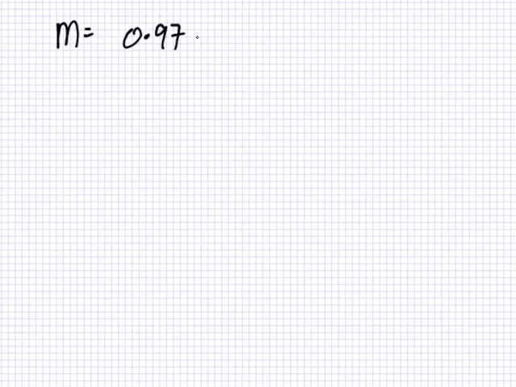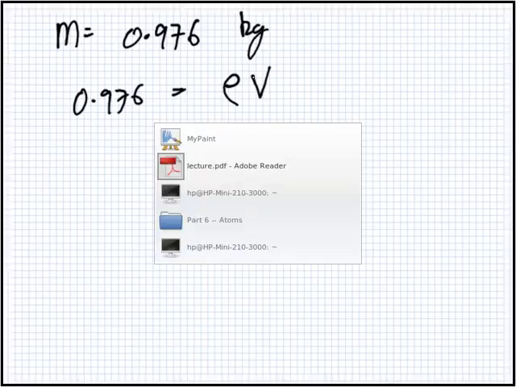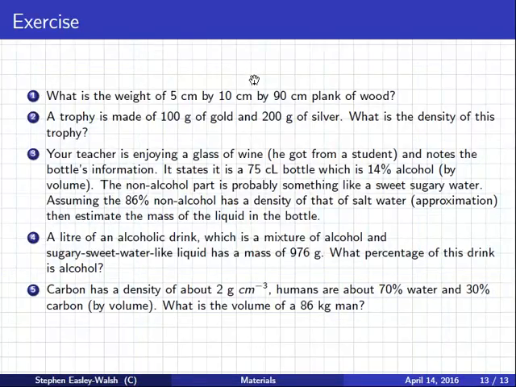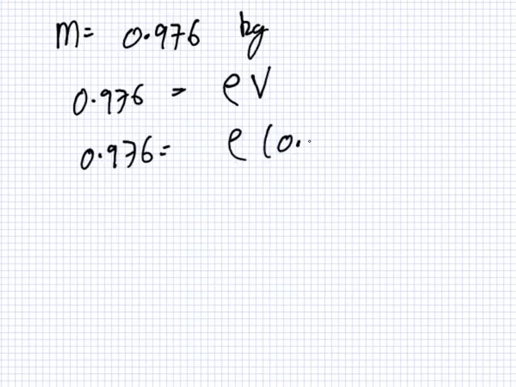So the volume here will be 0.001. So we know that the density is 976 kilograms per meter cubed. Density of the mixture is 976, and density is mass, which is what we want to know, over volume, which we know.